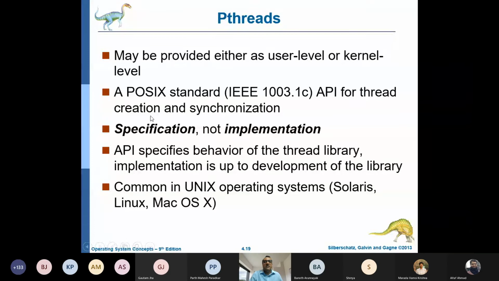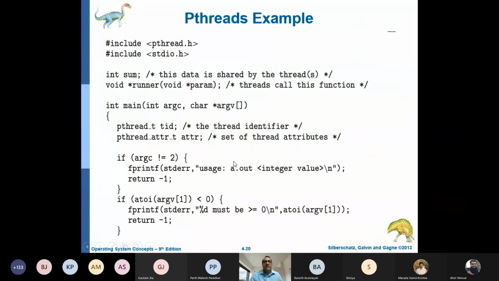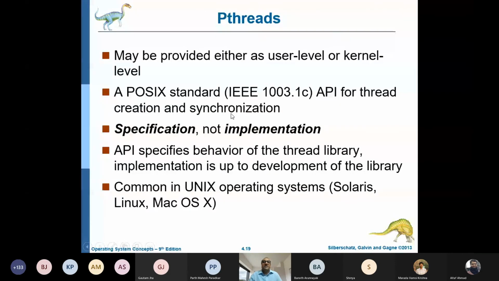And here, as I mentioned, are thread creation and synchronization. So let's see what these are. For example, you can have threads of different types, like synchronous threads and asynchronous threads. In the concept of synchronous threads, suppose a new thread, a child thread, is created by some parent thread.